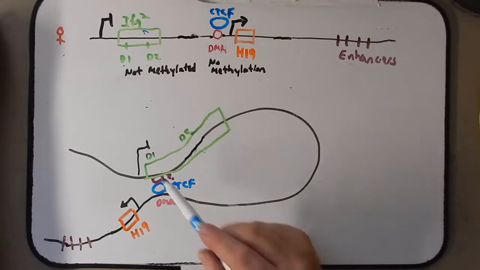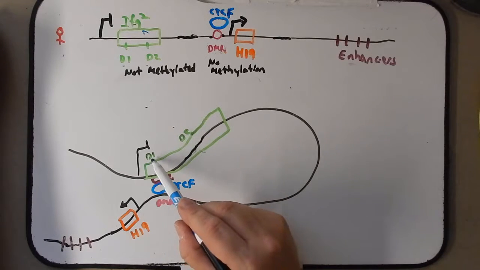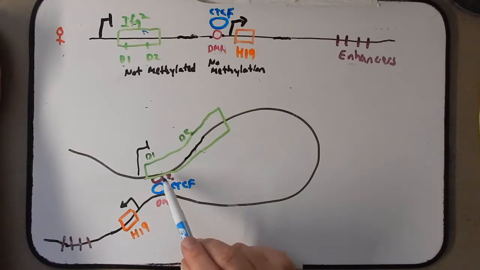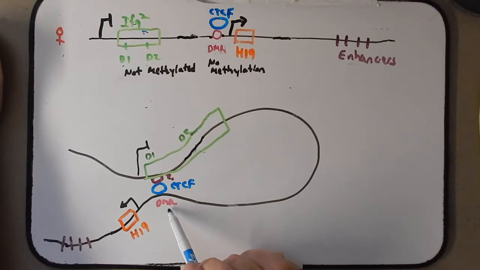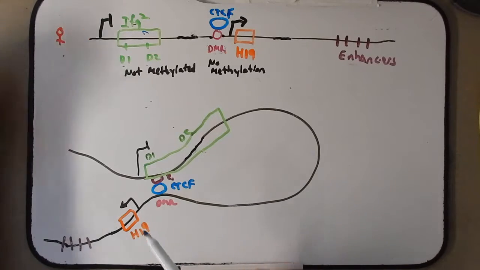So down here, we see the DMR binding to CTCF and then interacting with DMR1. There's probably a protein involved here, but we're not sure if it is or what it is. But we do know that the DMR through CTCF interacts with DMR1 of the Igf gene.